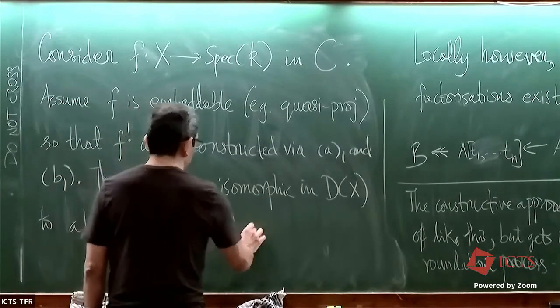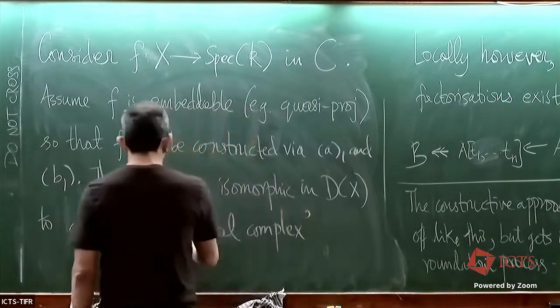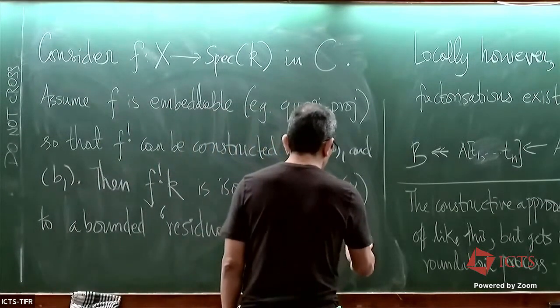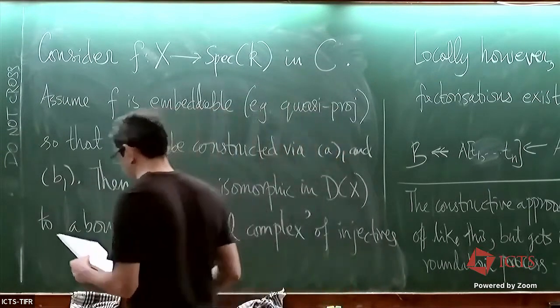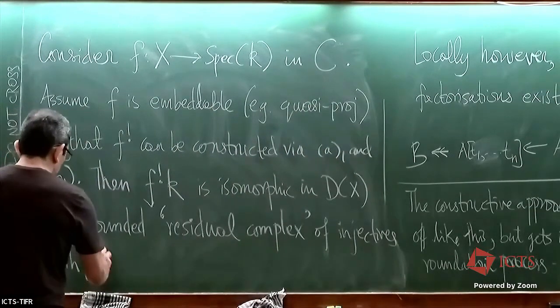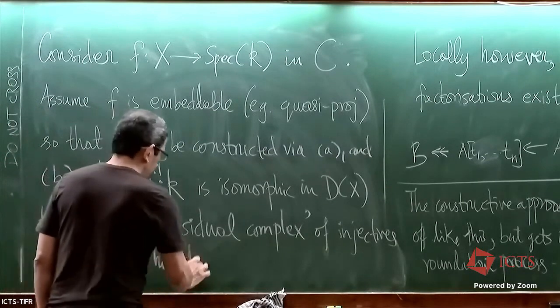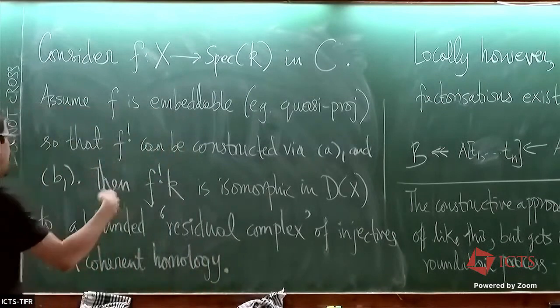And I will very briefly say what it looks like. A bounded complex of injectives with coherent homology. Coherent means it's quasi-coherent and it's finitely generated.